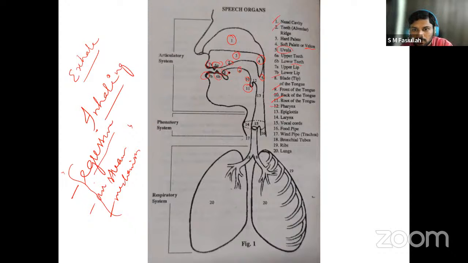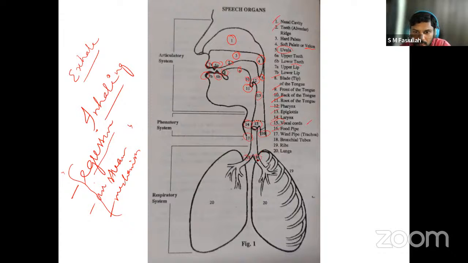And if you go to 12th one, it is called pharynx. And you have epiglottis, right? And then after that, you have larynx. And 15th one is the most important one, that is sound box. The sound box itself, that is vocal cords. And if you look at that 16th one, this is a food pipe, and your windpipe is to the other side, right?